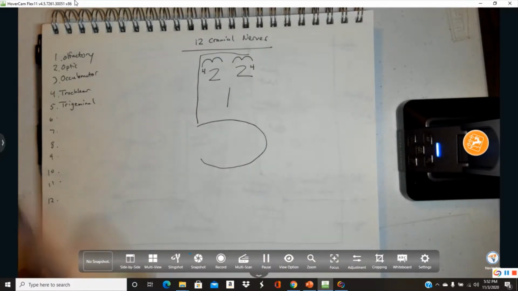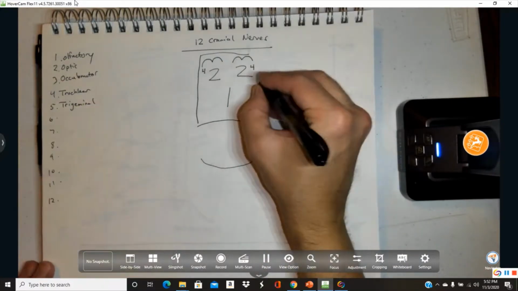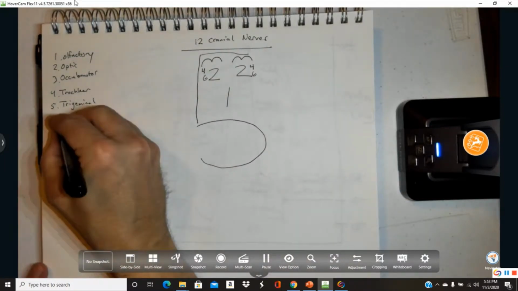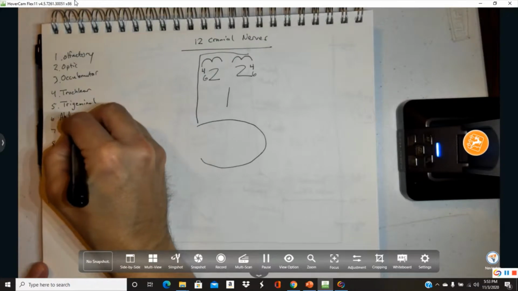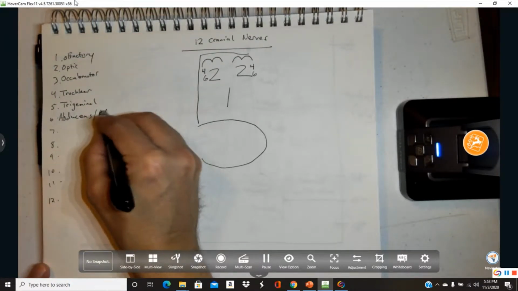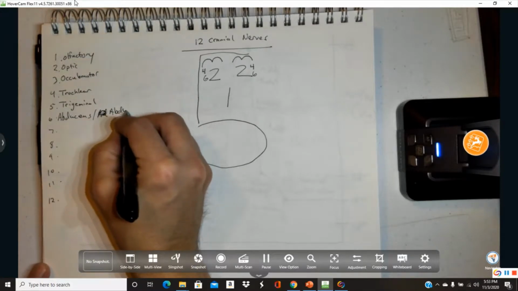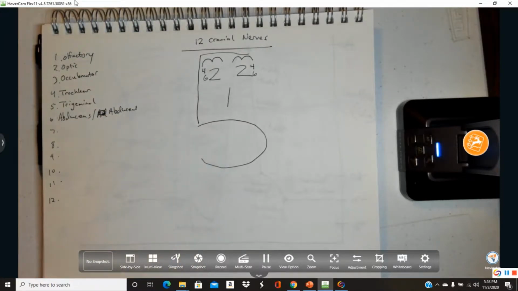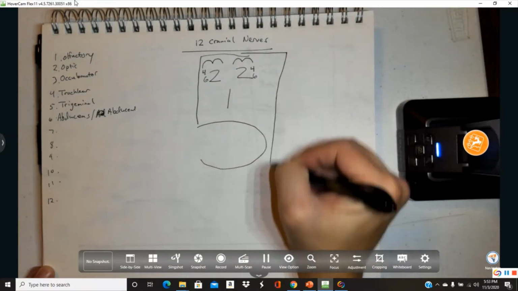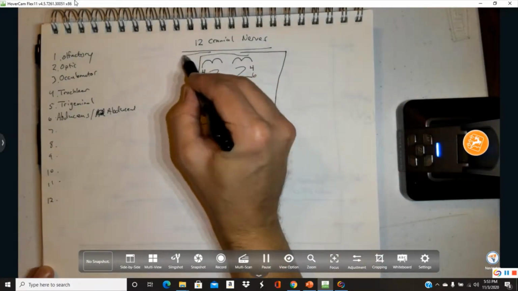Now, number 6 controls the lateral rectus, which abducts the eye. So it's the abducens, or abducent, nerve. Number 7. Let's make the sides of our face with 7s.